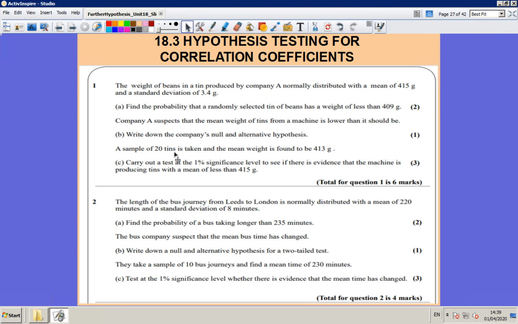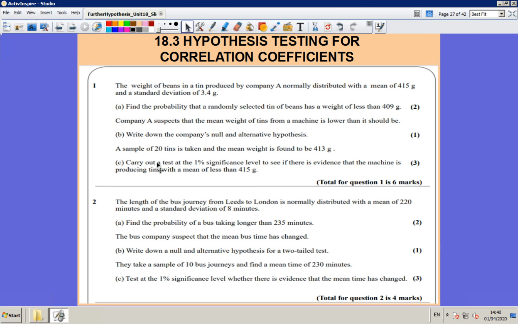Then we're told that a sample of 20 tins is taken and the mean weight of those tins is found to be 413 grams. Okay, so we know that the sample mean is also normally distributed. It has the same mean as the population of data, but its variance is going to be equal to 3.4 squared divided by the sample size, so that's divided by 20.